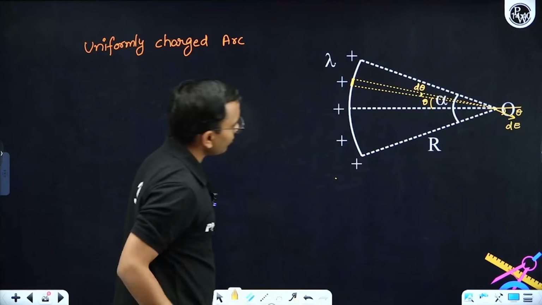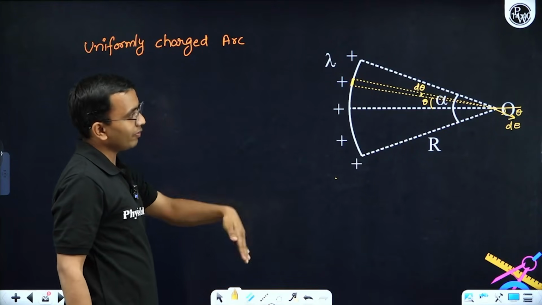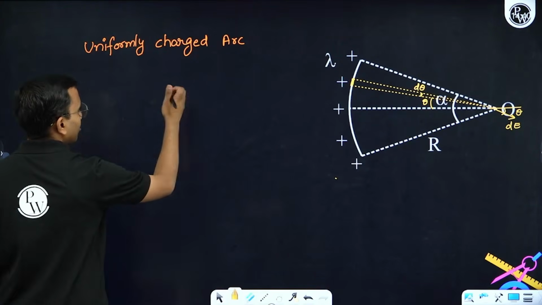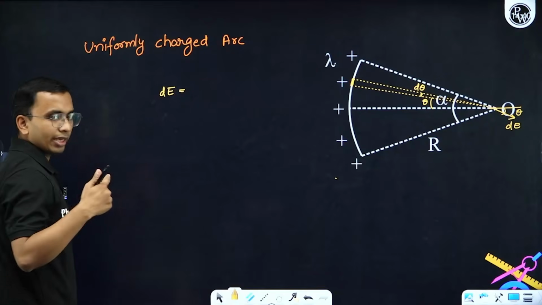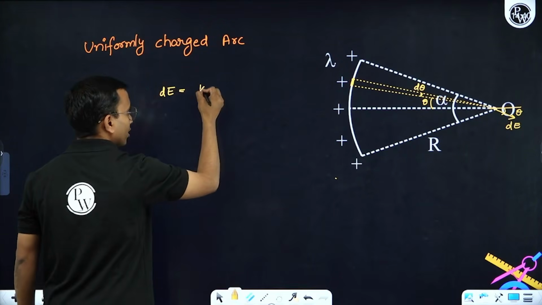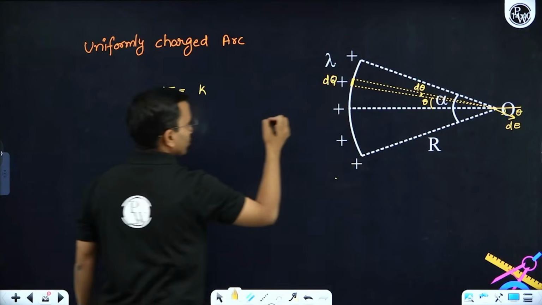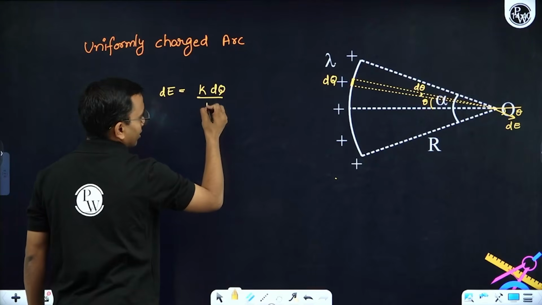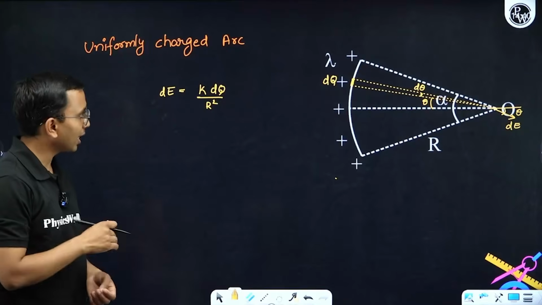Now, I have to write dE first and then we will integrate that to find the total electric field. First of all, let me write dE. You will say dE is k into dq divided by r square. dq is the charge of this arc. So k into dq divided by the distance, that is equal to radius here, so by r square.